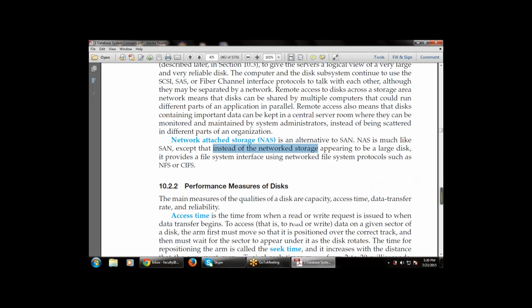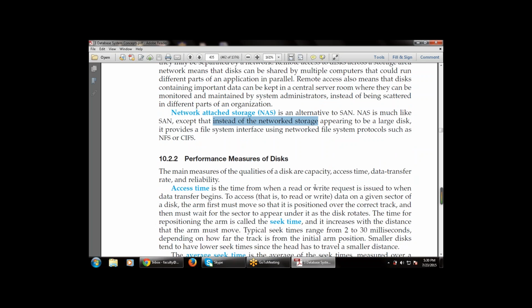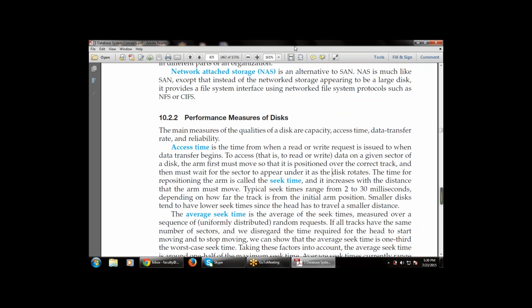To access the data on a given sector of the disk, the arm first moves so that it is positioned over the correct track, and then it must wait for the sector to appear under it as the disk rotates. There are two times involved. The time for repositioning the arm is known as the seek time, and it increases with the distance that the arm must move.